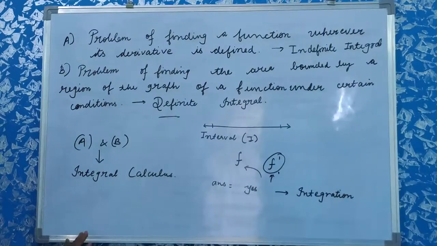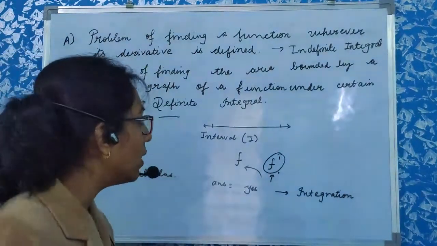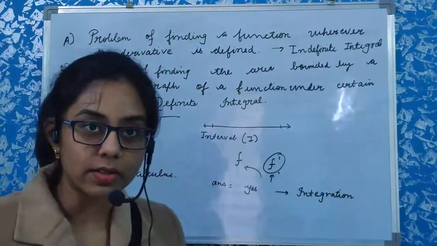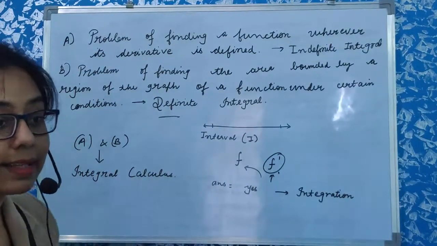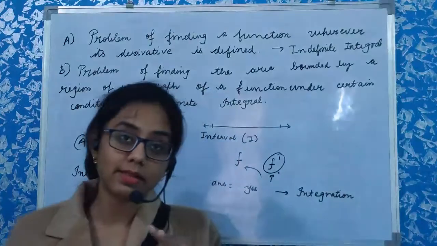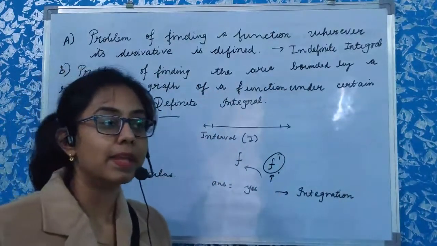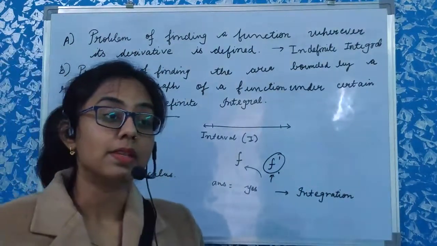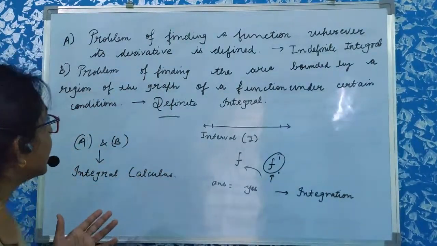So this is what integration is all about. Whenever you are asked what integration is, you have to define it like this: integral calculus consists of two parts. Part A is indefinite integral, part B is definite integral. In indefinite integral, we are solving problems where we are given a derivative and we have to find the function.